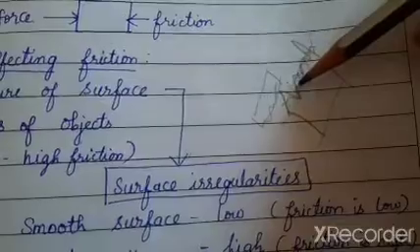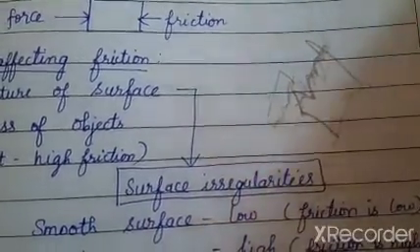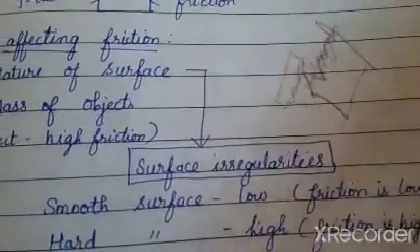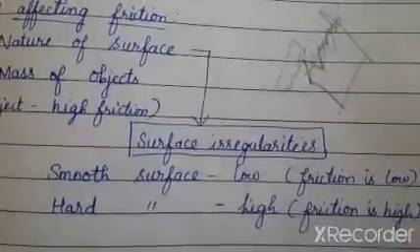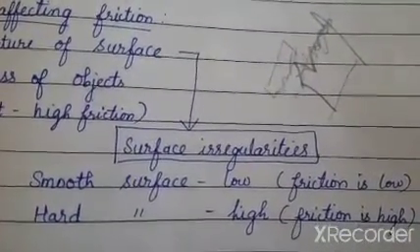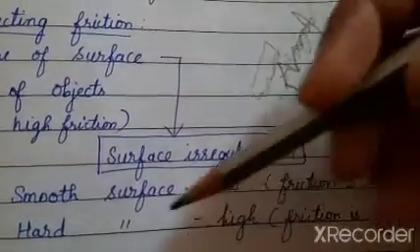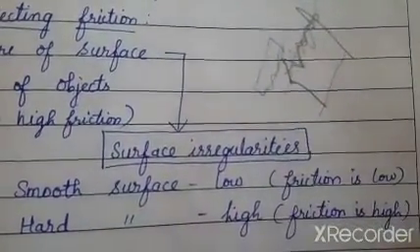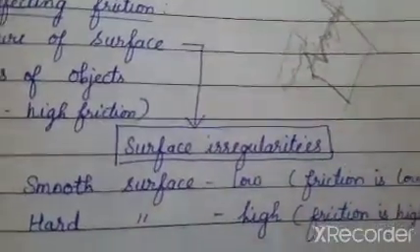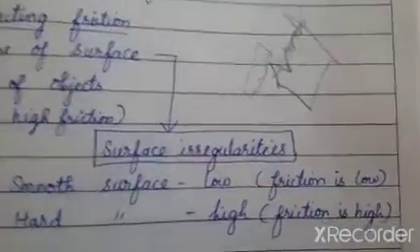So both these irregularities would interlock and enable it to get moved to another place. Okay, so if the surface is smooth, then the friction is low. If the surface is hard, then the friction would be high, so that it is difficult for us to move.